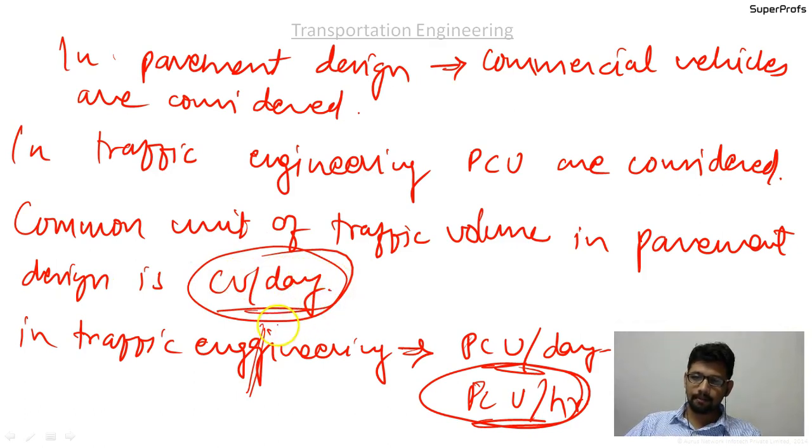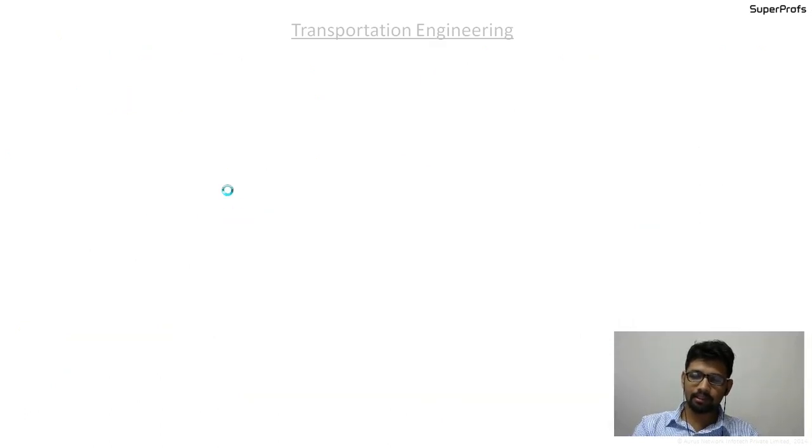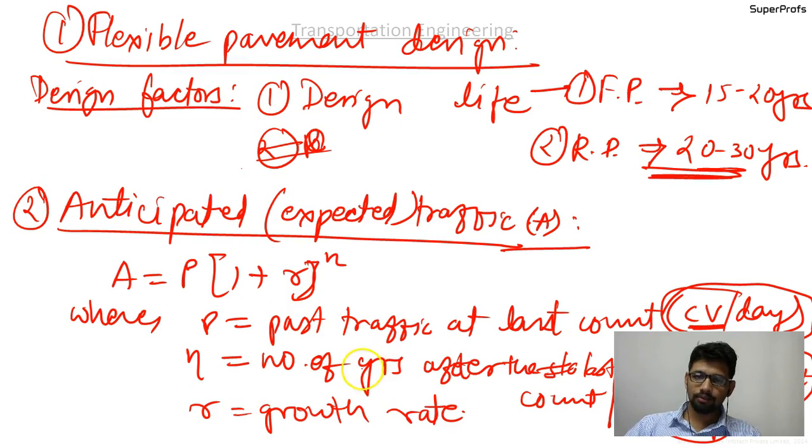We should take up a numerical example based on this formula, the anticipated traffic volume formula.